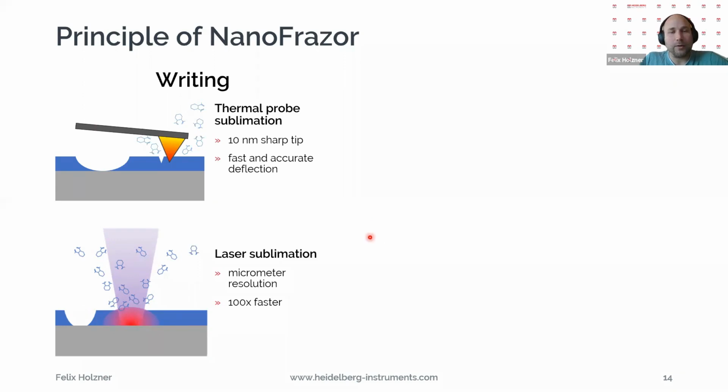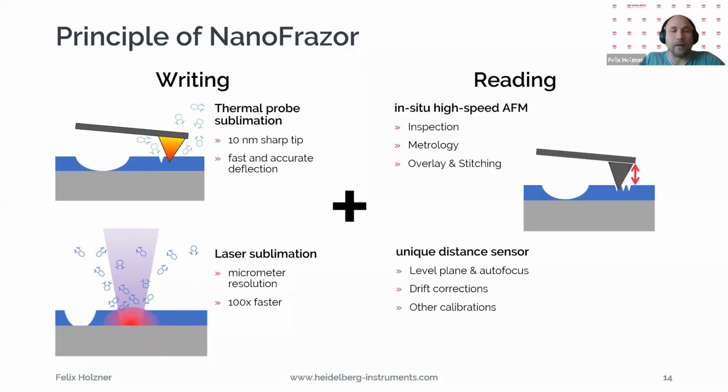What I want to point out here, what is very important for the NanoFrazor principle, is that we combine writing with reading. We have this in situ high-speed AFM capability using the cold tip to do inspection, metrology, overlay, and stitching. I'll talk about that later. Combining this writing and reading, that's where the true power lies of the NanoFrazor technology.